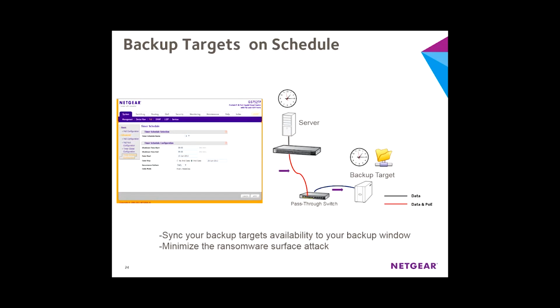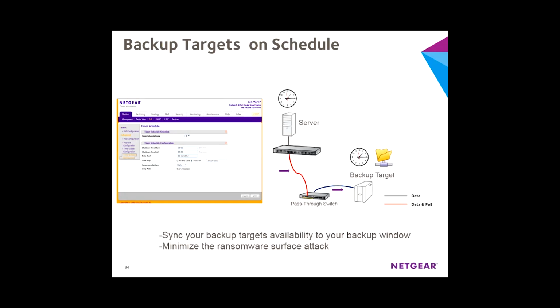But the main thing I want to leverage here, look at the diagram on your right. We have the server connected to the first switch, and another switch, a pass-through switch, connected to this main switch. On the main switch, we can set up something called PoE timers.